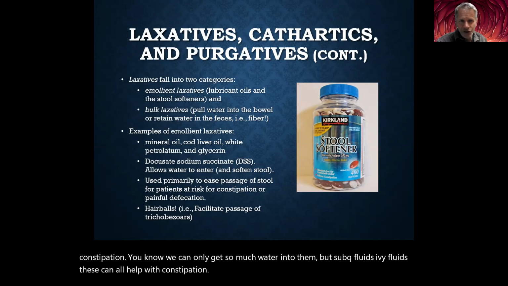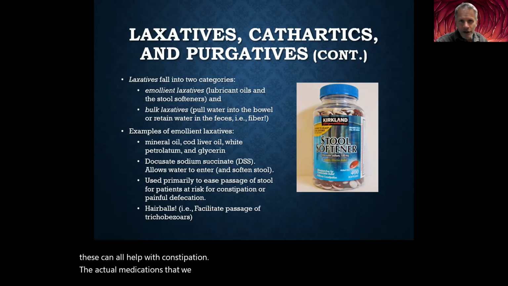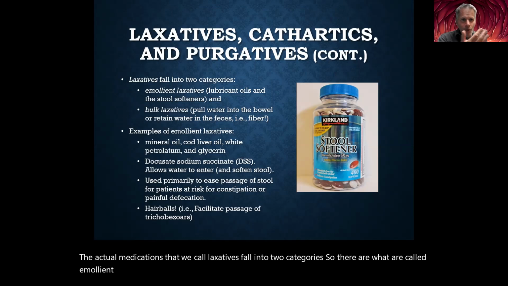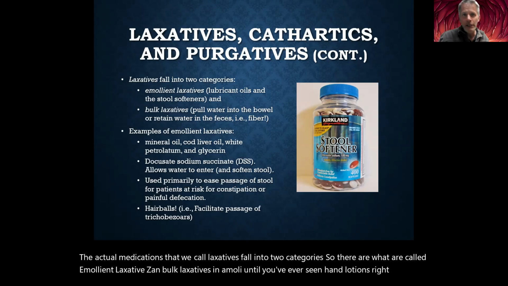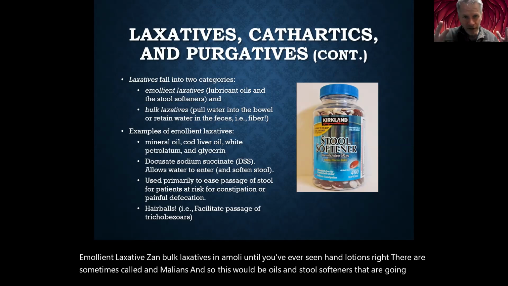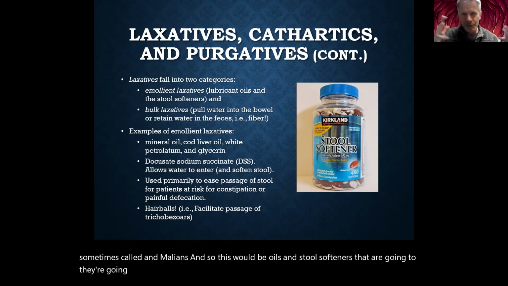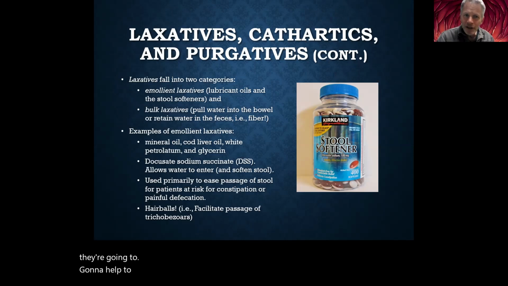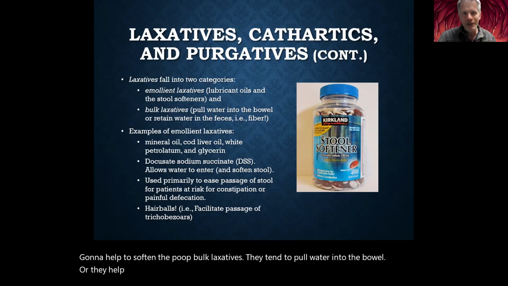The actual medications that we call laxatives fall into two categories. So there are what are called emollient laxatives and bulk laxatives. An emollient, if you've ever seen hand lotions, they're sometimes called emollients. And so these would be oils and stool softeners that are going to help to soften the poop. Bulk laxatives tend to pull water into the bowel, or they help the actual feces to retain water.